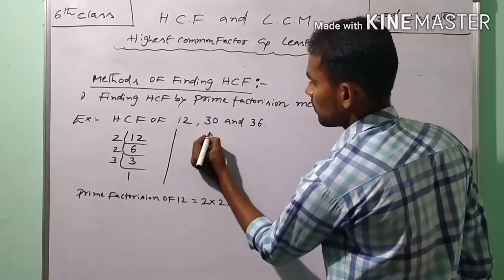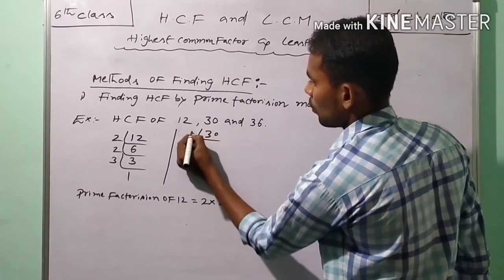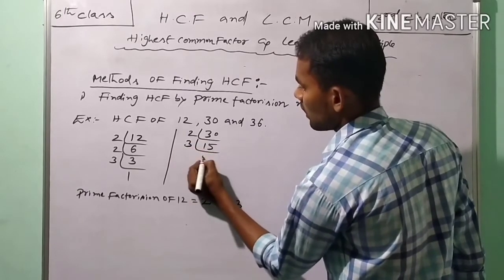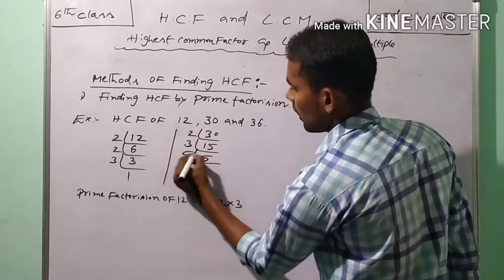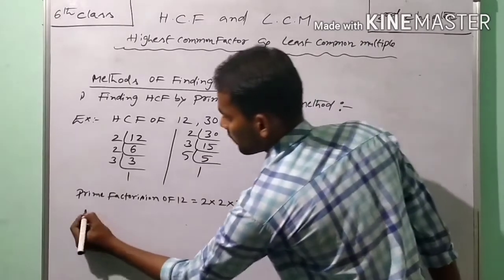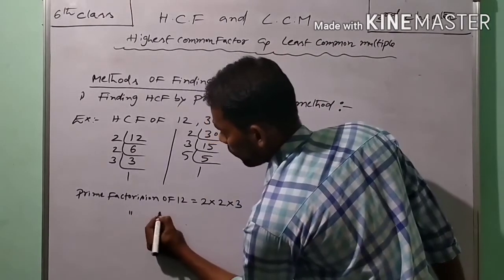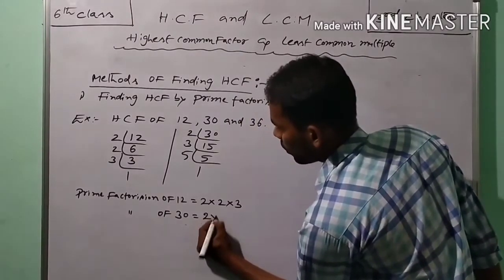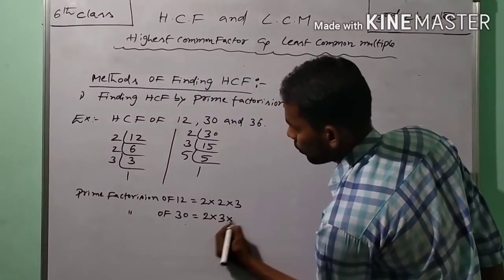Prime factorization of 30: 2 fifteens are 30, 3 fives are 15, 5 ones are 5. So 30 equals 2 into 3 into 5.